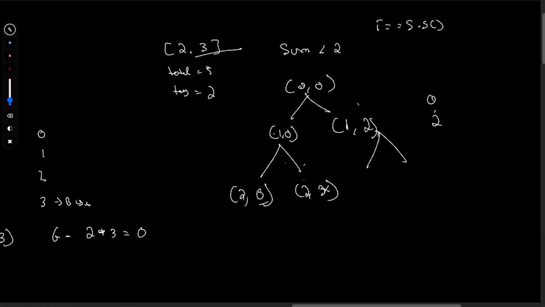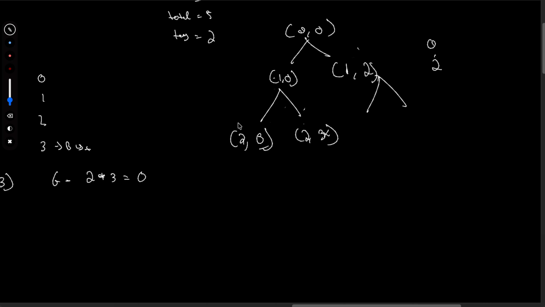See, node 2 comma 0 returns 0. Node 2 comma 2 returns 2. Can I take the stone? The rule was current sum plus stone of I is less than target.